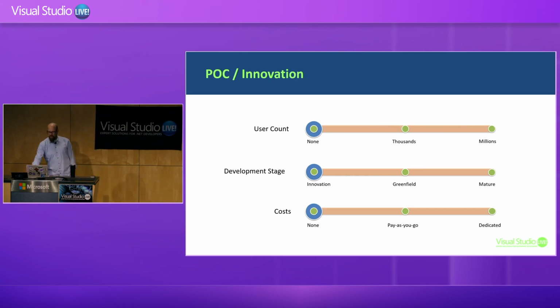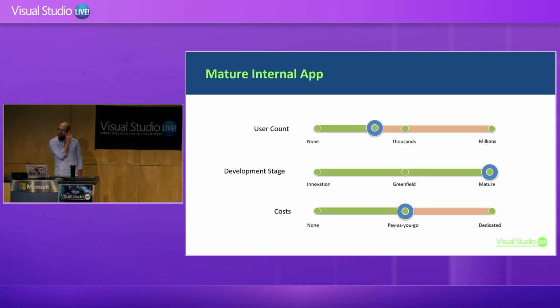If this application then happens to scale, you can go, for example, to a mature internal app. You have a user count that's in the thousands, maybe a few hundred. You are mature enough that you just need a place to host this and forget about it. We have a pay-as-you-go model. That means you don't have to reserve instances.